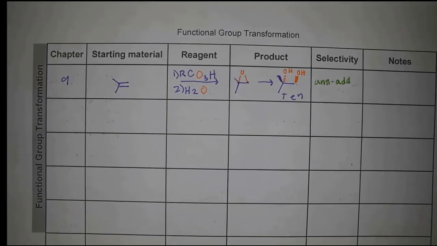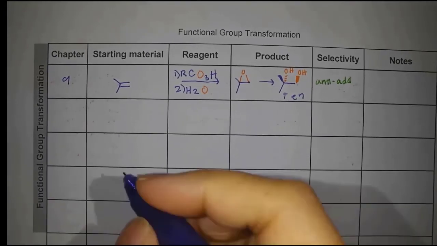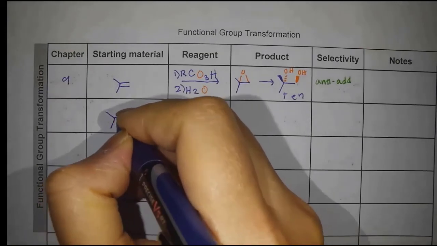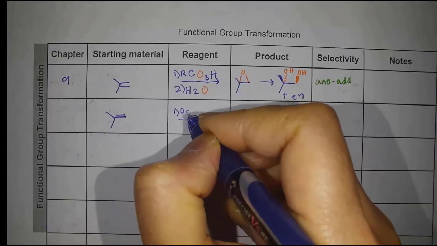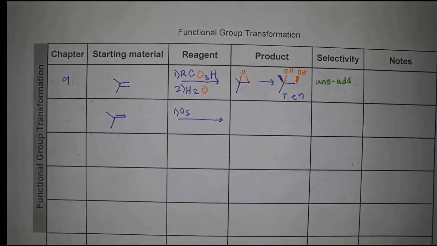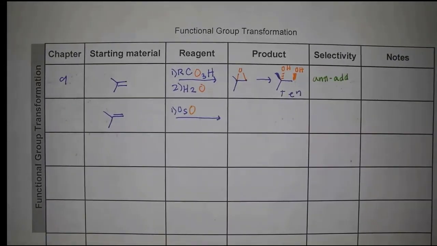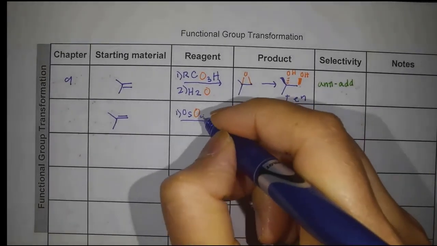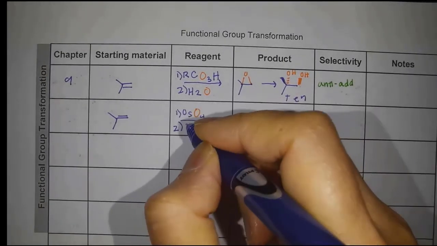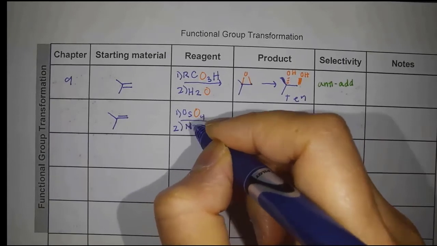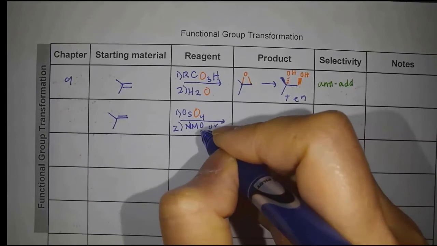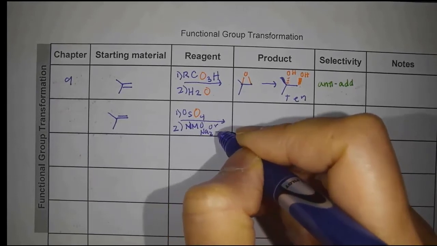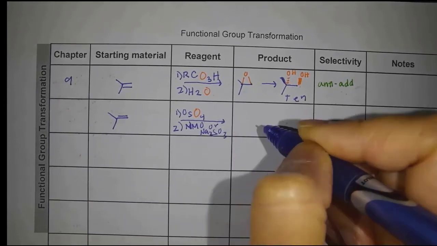All right, the next one, and the next two actually give a similar product, just different options for reagents here. Another generic alkene. This time it's osmium tetroxide. So there's 4 oxygens. And you can use NMO or Na2SO3 to work it up.